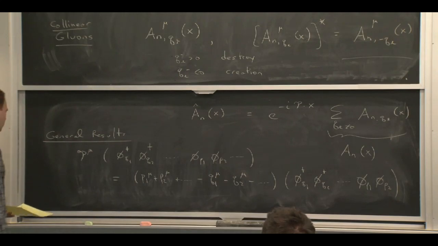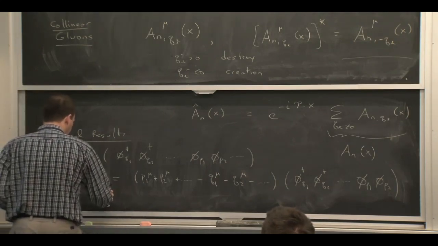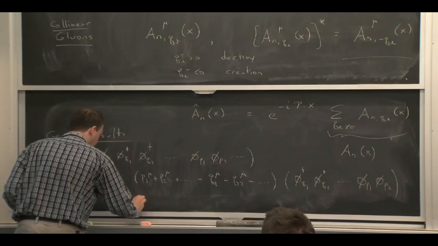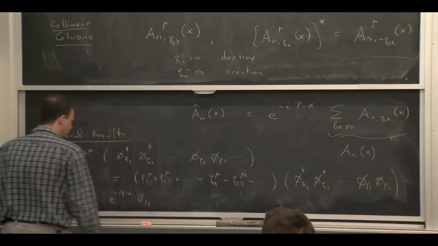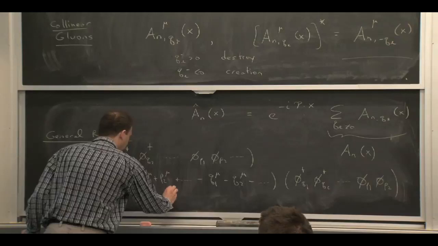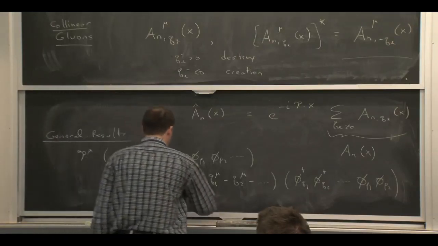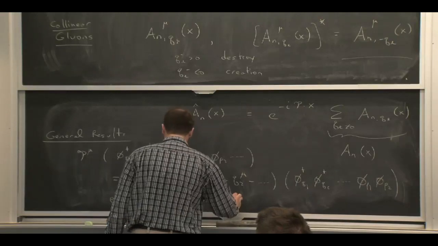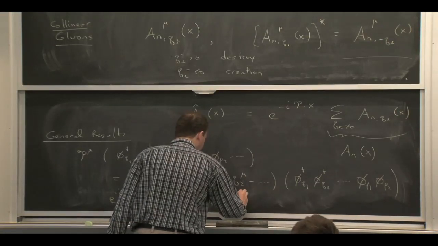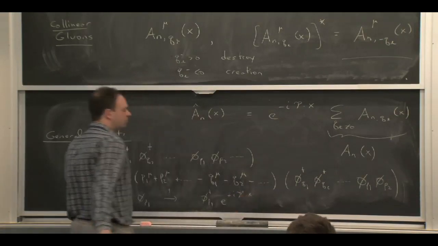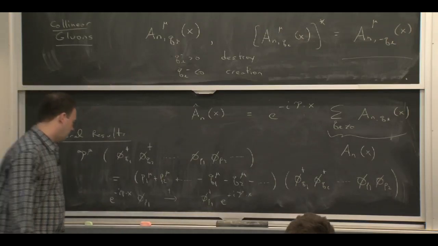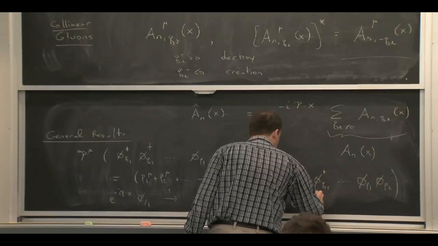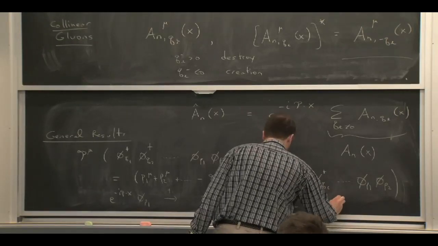And the reason for that sign convention is effectively that if you think about e to the minus i curly p dot x on some phi of p1, and then you take the dagger of that, then it becomes phi p1 dagger of e to the plus i p dagger dot x. And basically, I'm saying that I want to be able to write that like this.